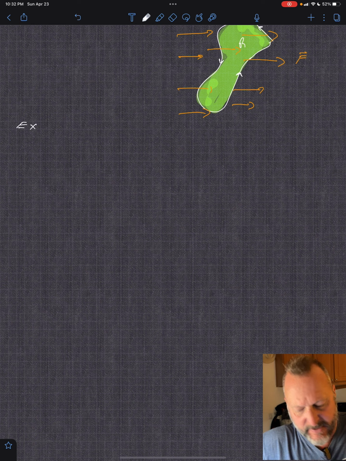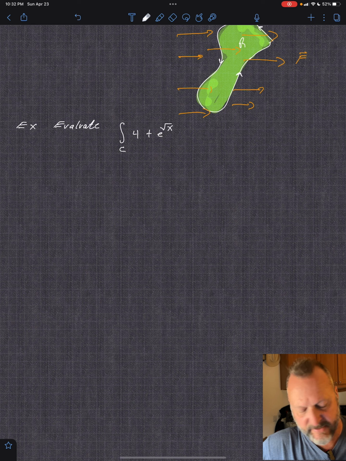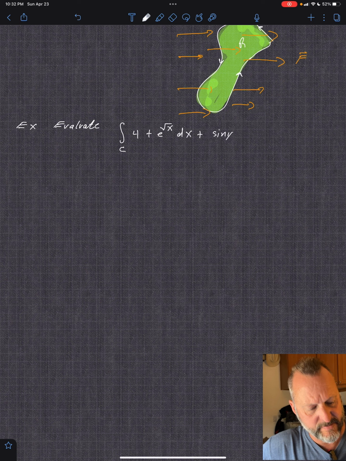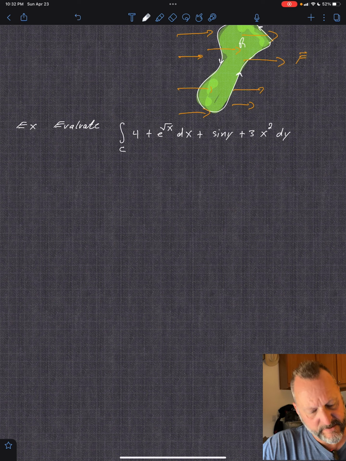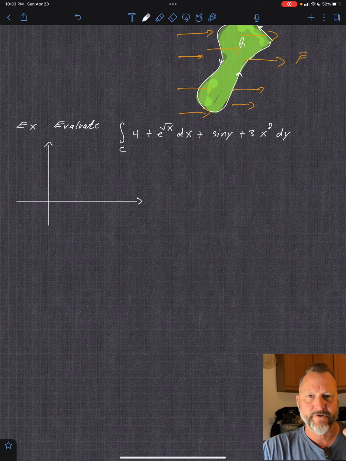So, evaluate the line integral over C of (4 plus e to the root x) dx plus (sine y plus 3x squared) dy, where C is given by this, and this would have been stated or drawn. C is the sector in the first quadrant.